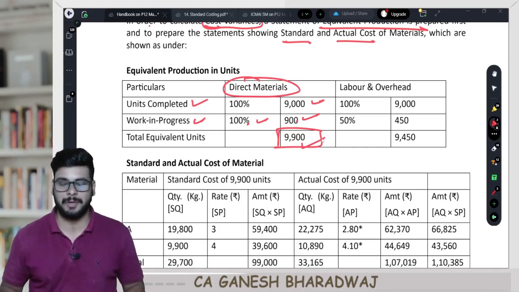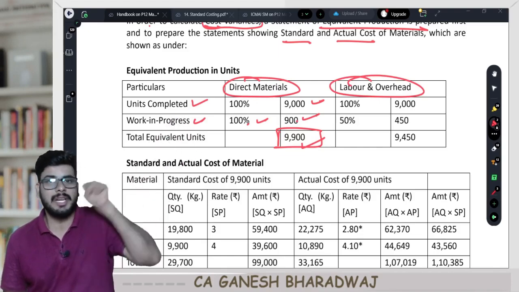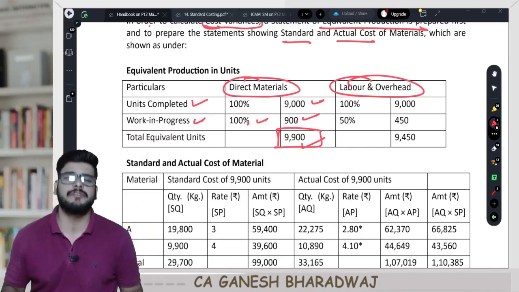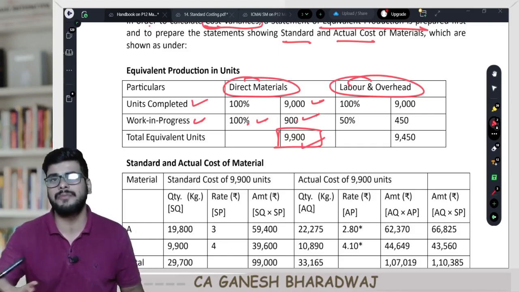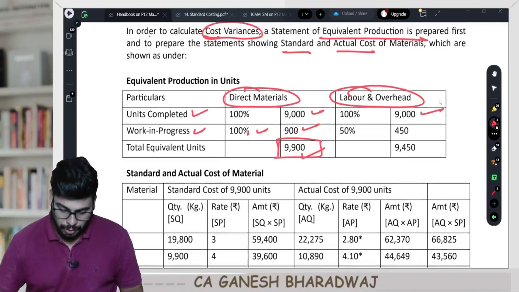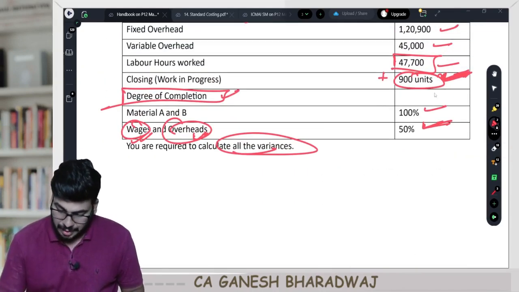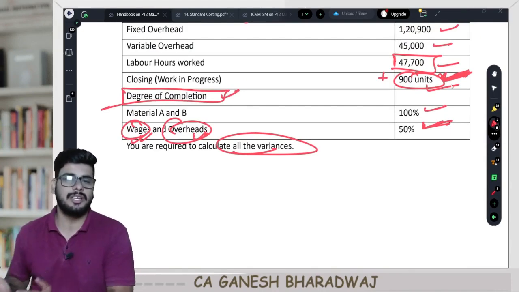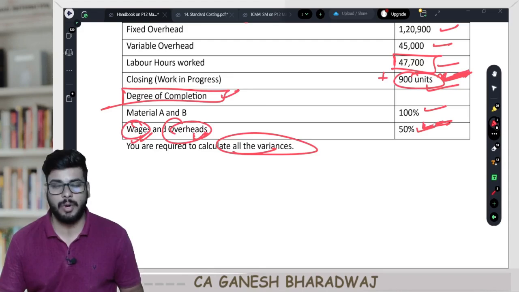This is the interpretation. Whereas with respect to labor and overheads, by consuming my labor and overhead cost, how many units have been produced? Anyways, these 9,000 units sold are fully complete. Only if they are complete can they be sold, right? So 9,000 units. However, if you look at the question, they have clearly mentioned that the 900 units lying in your closing WIP are only 50% complete with respect to labor and overheads.